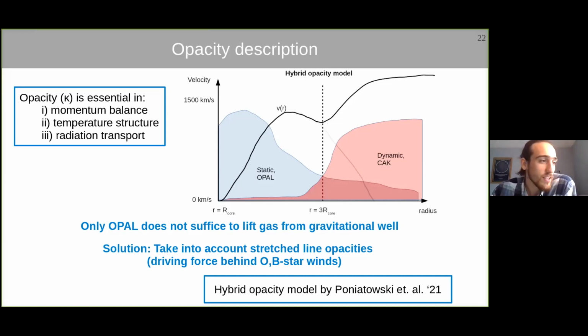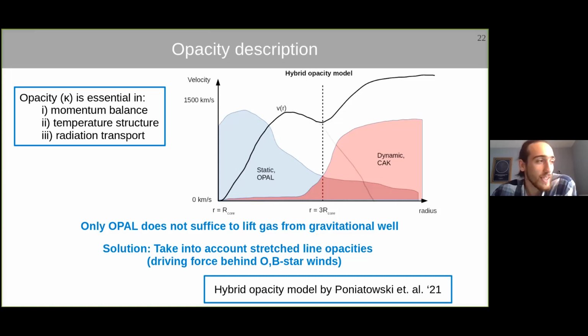The combination of these two opacities, so the CAK opacity or line driving opacity, is very efficient at low densities. That can be seen here in the figure on top. Now your wind can be driven close to the star again by these static OPAL opacities, which are very efficient at high densities.